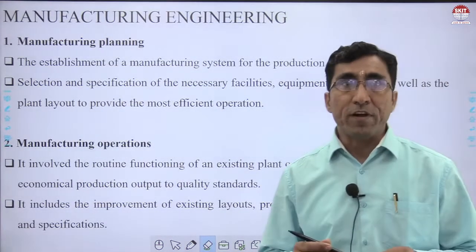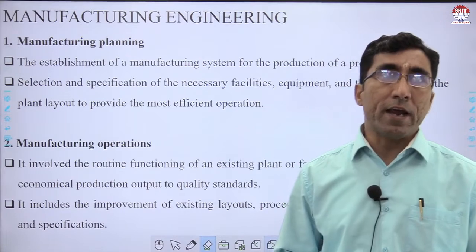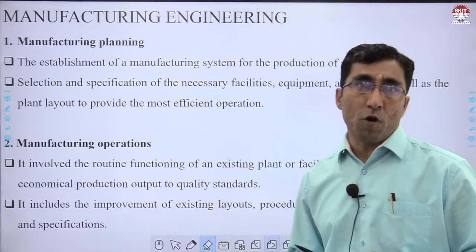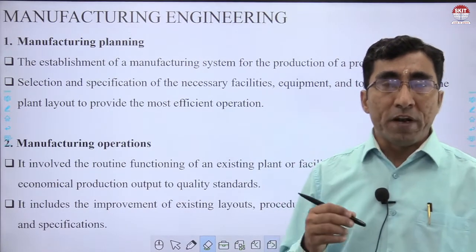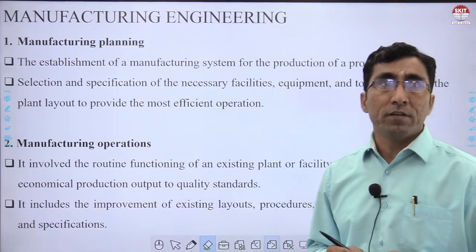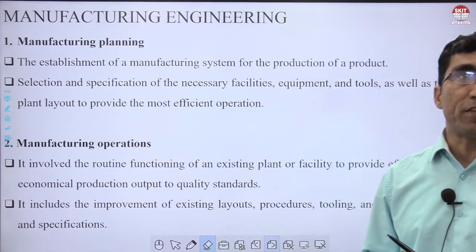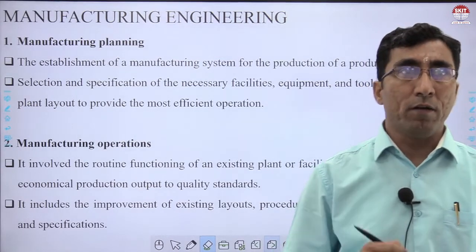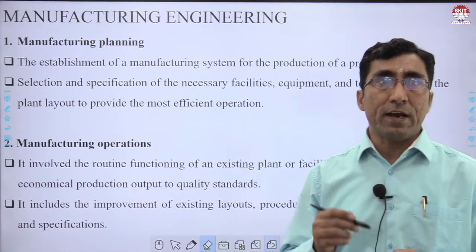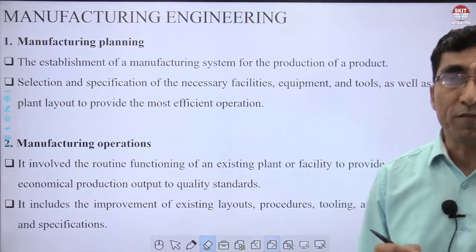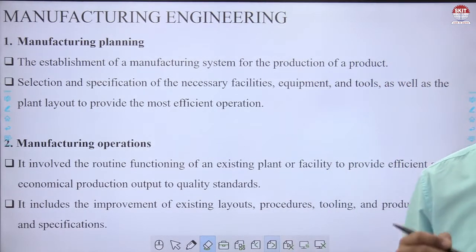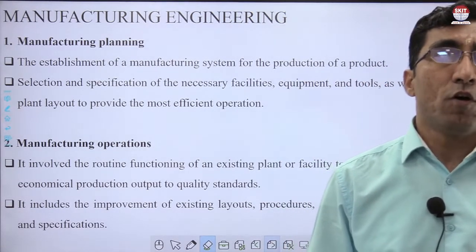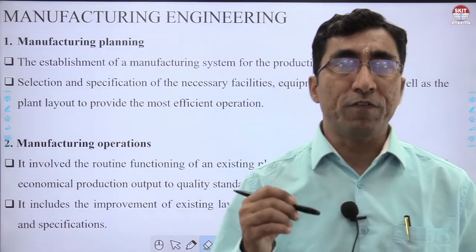Manufacturing engineering can be split into four broad categories. First is manufacturing planning, the establishment of the manufacturing system for the production of a product. You have to plan the selection and specification of the necessary facilities, equipment, tools as well as the plant for providing the most efficient operation.